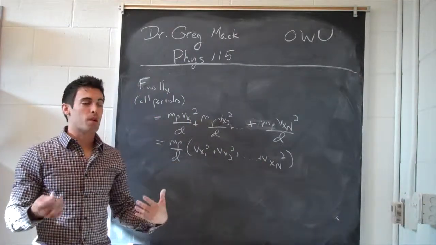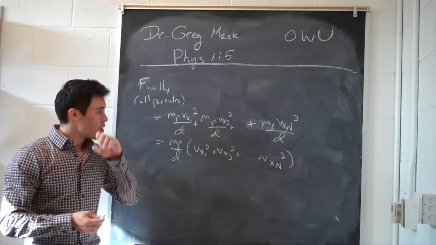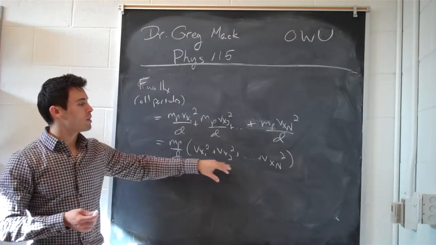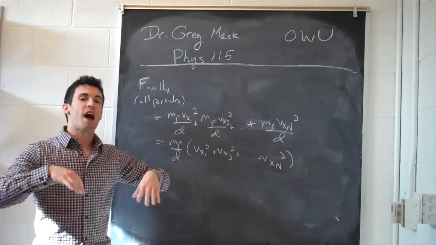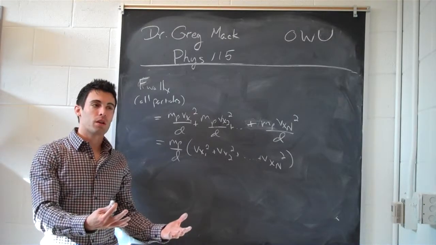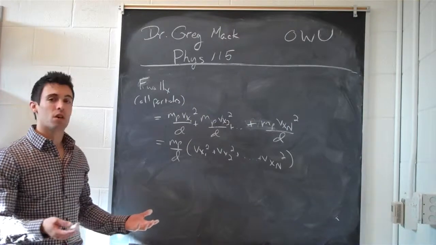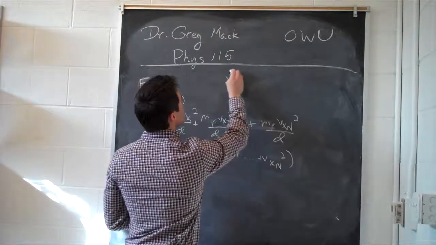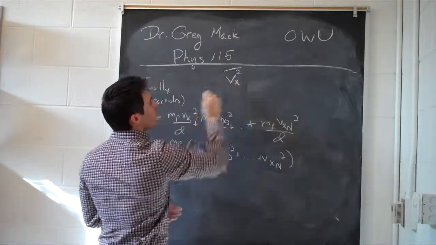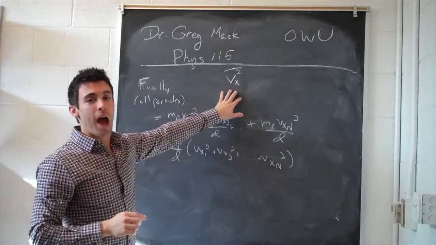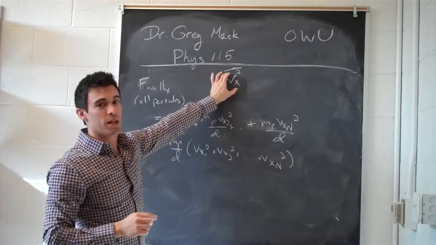Well, we know they're going to be in some distribution of v's, and so instead of looking at each individual v squared, we can write this as the average v squared that one of the particles could have in the x direction. And how do we write the average for the v squared? V squared x, the average of the squared velocity in the x direction.